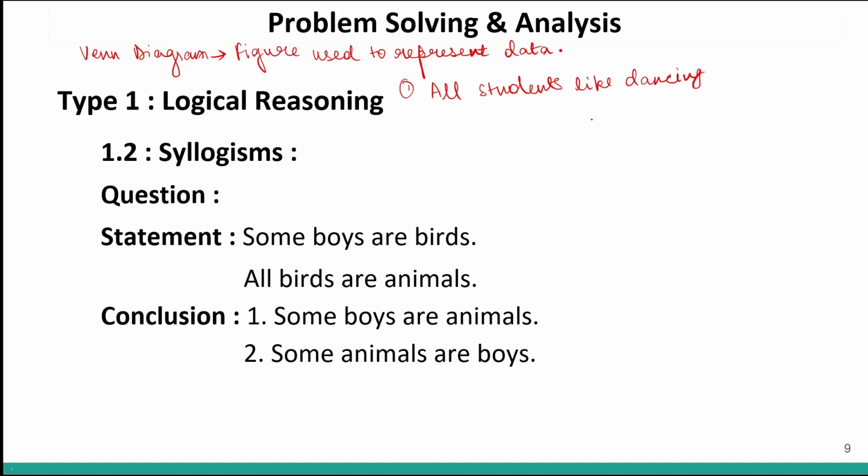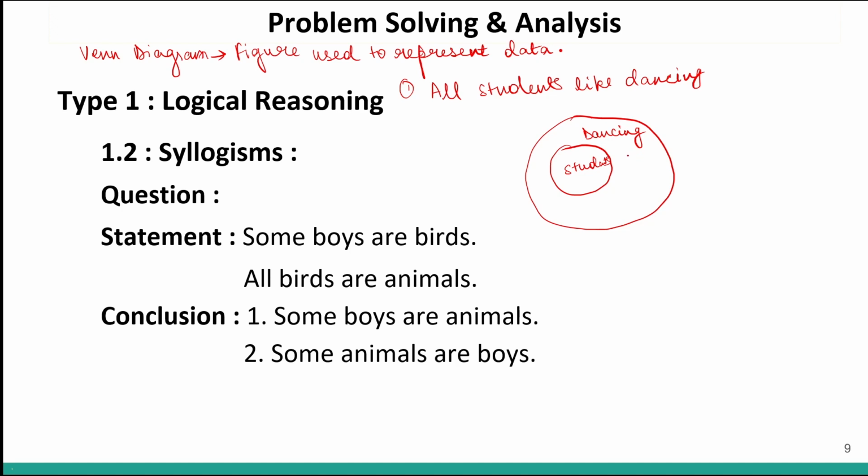Okay, so the first possibility is all students like dancing. If this is my students, this will be my dancing. This is how we will represent this data. How? Because there will be some people who dance but are not students, right?